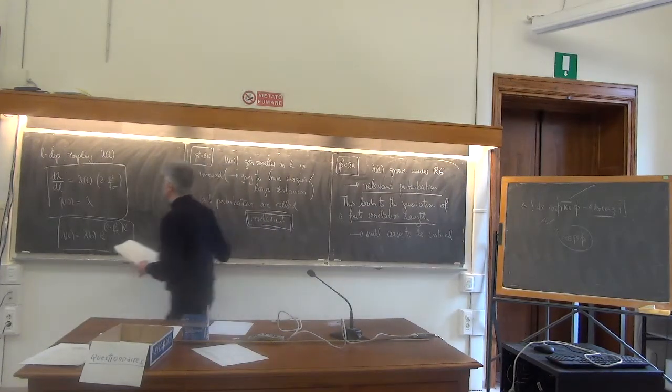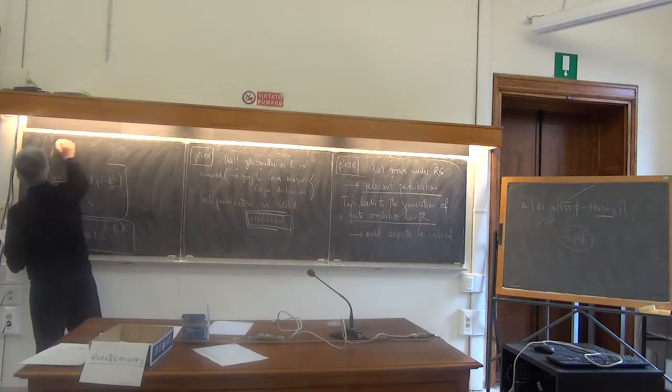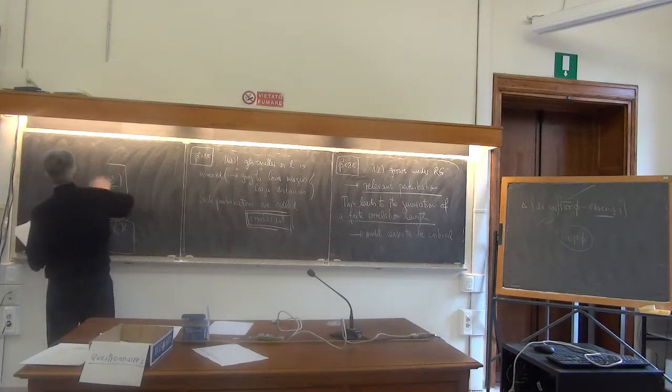Okay, so now for the quantum theory, finite correlation length means there has to be a spectral gap.